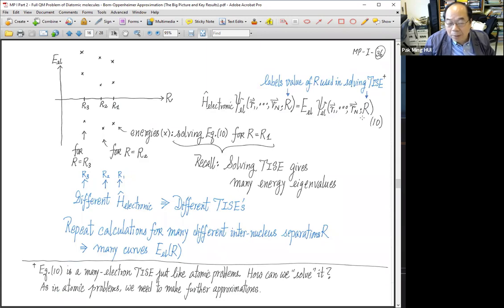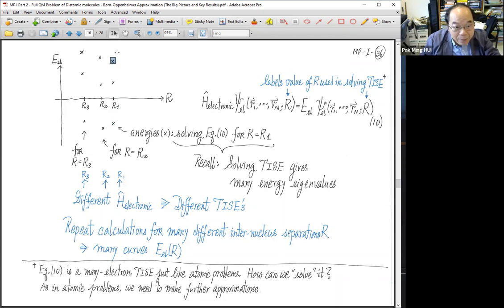Just like particle in a box for electrons, basically you set the nuclei, you are trying to confine the electrons in this region. So there will be many eigenvalues. I plot all the eigenvalues for this particular separation out here.